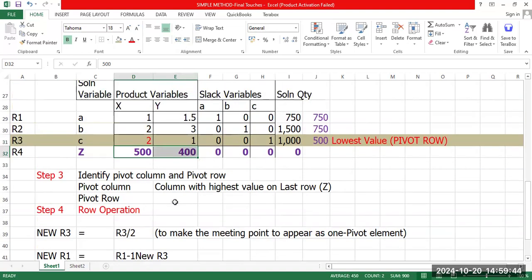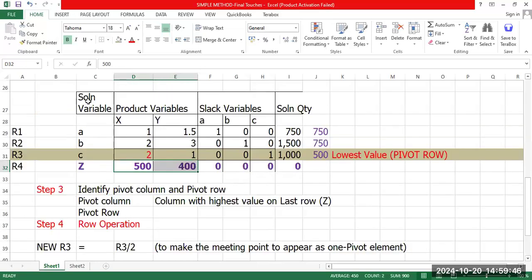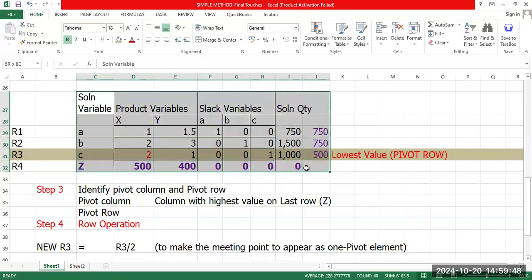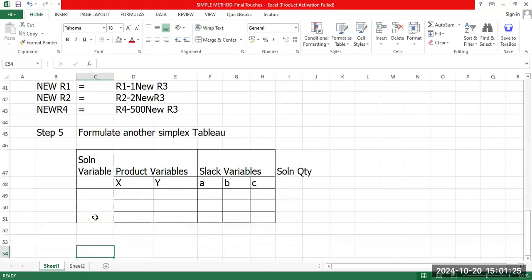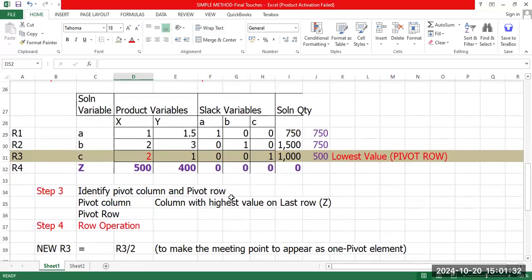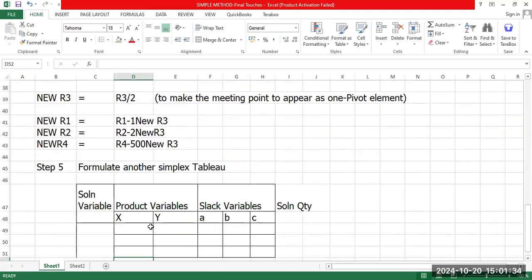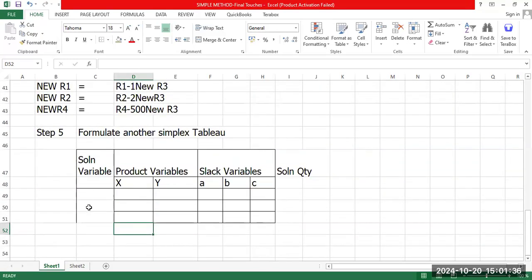Okay. So we can develop our simplex table. You can draw this, but don't fill. We need to learn how to fill. Just draw and you will see how you can fill this one.